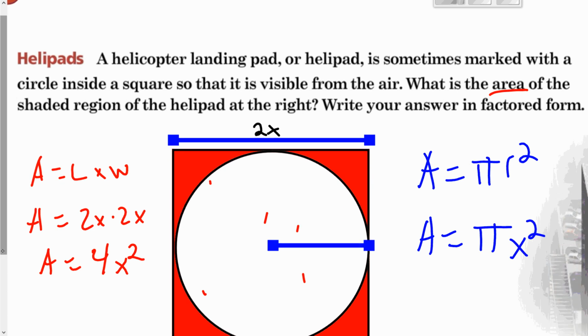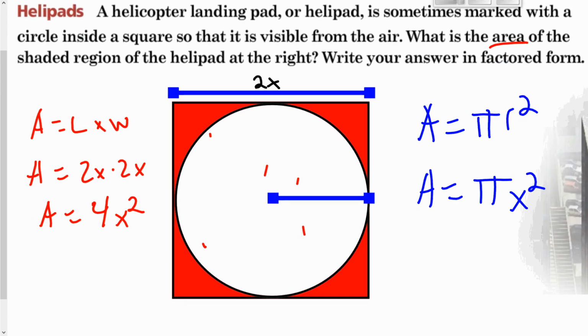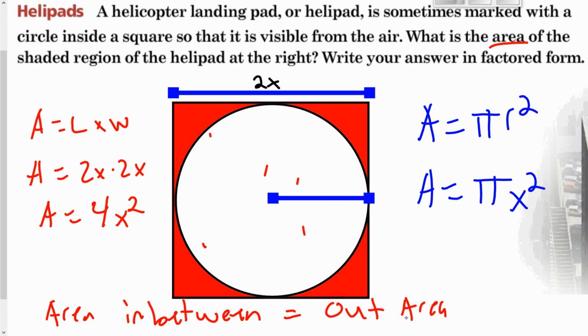So to find the area in between, wouldn't I just subtract these two? Area in between would be the area of the outside minus the area of the inside.